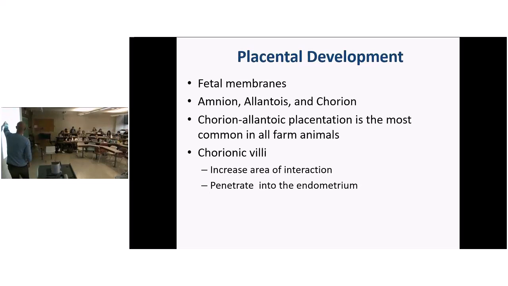Chorioallantoid is the most common in all farm animals. They call it chorioallantoid because of the allantoid and the chorion. If you want to call it just chorion, to me that's fine. If you want to call it just allantoid, that's fine too. The only thing I want you to understand is that this is the outermost embryonic membrane that actually touches the endometrium.